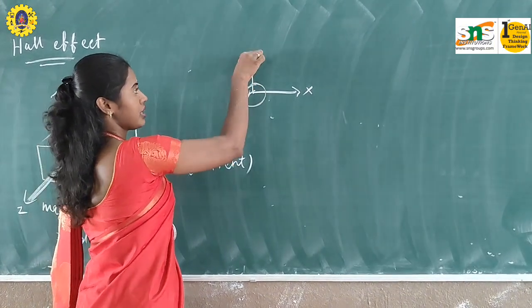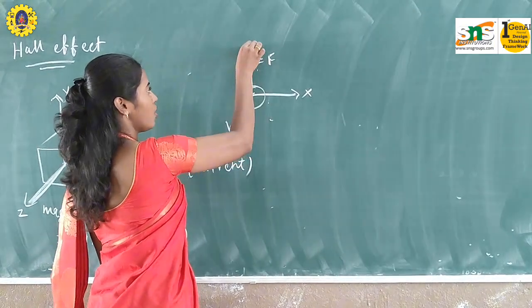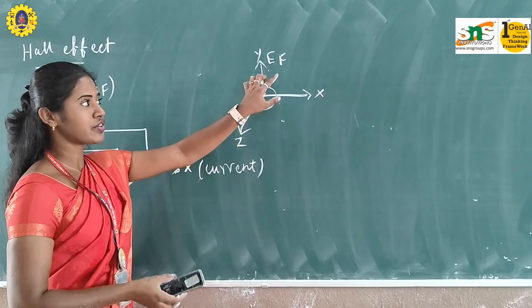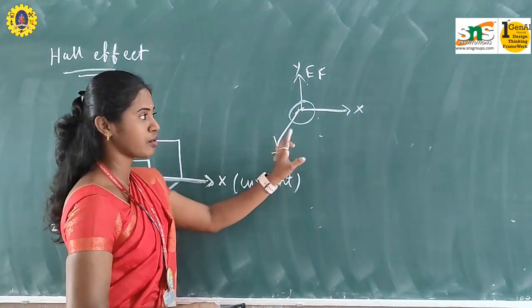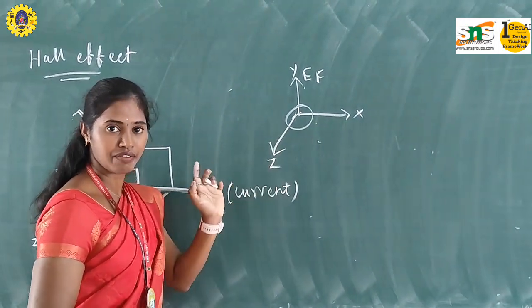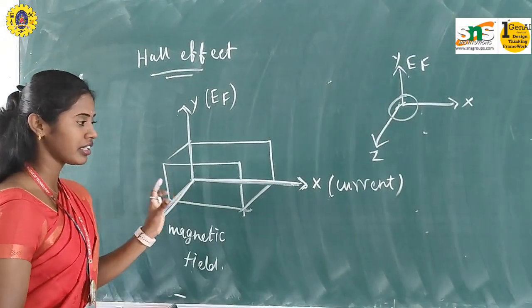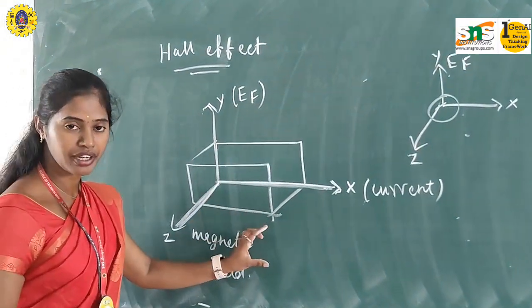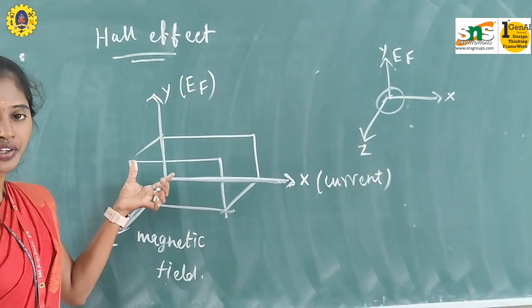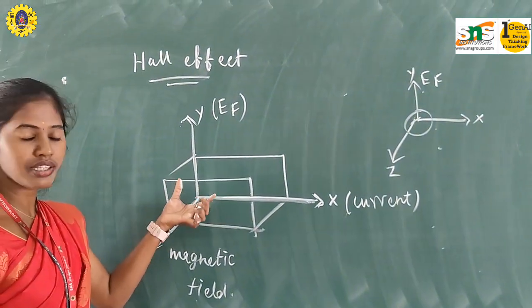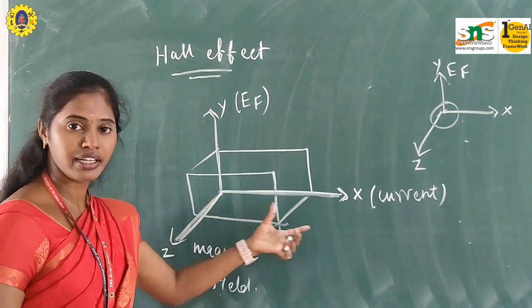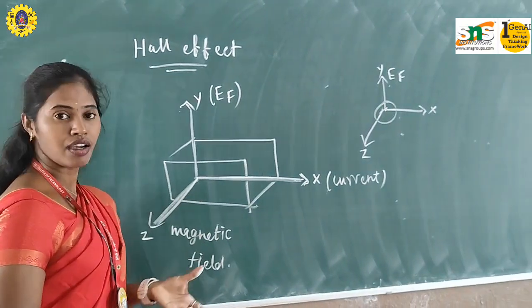Then the electric field is produced along the y-axis. The produced electric field is perpendicular to both the current and the magnetic field. When a current carrying conductor is placed in a transverse magnetic field, the electric field produced in the conductor is perpendicular to the current and the magnetic field. This is the Hall effect.